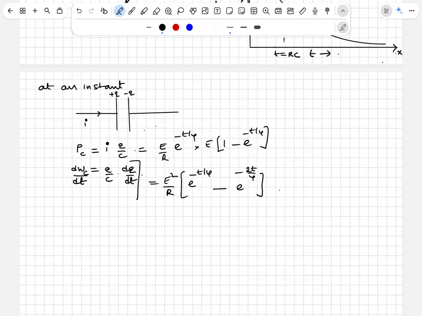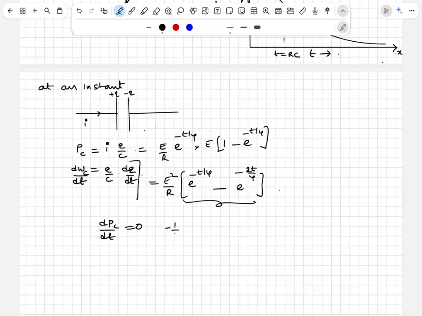Remember, power changes. Initially, it reaches some maximum value. Thereafter, it again comes to 0. So, where is the power delivered across the capacitor maximum? You need to differentiate this now, setting it to 0.